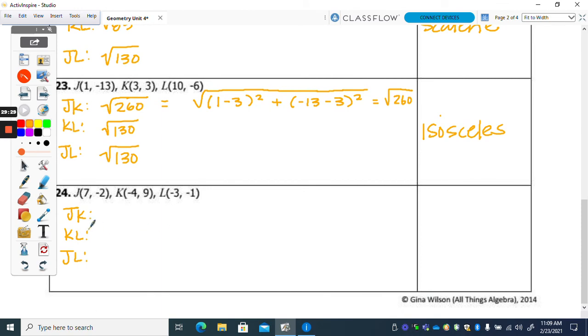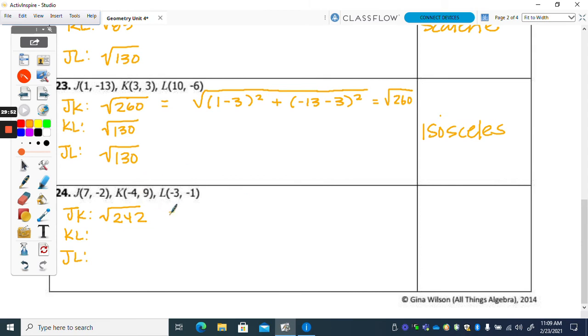On number 24, Wattis, what did you get for the distance from J to K? The square root of 242. And the distance from K to L? Okay. You need me to show the work?